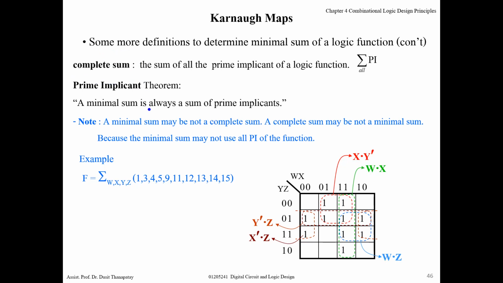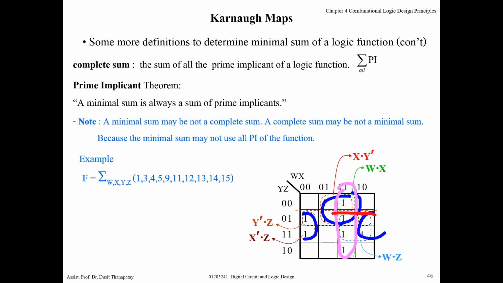Anyway, if you want to make the function just a minimal sum, you need not use all of these, right? You use only the necessary product terms, just covering all of the logic 1 outputs. For example, if you select this group and then this group, that's enough, right?